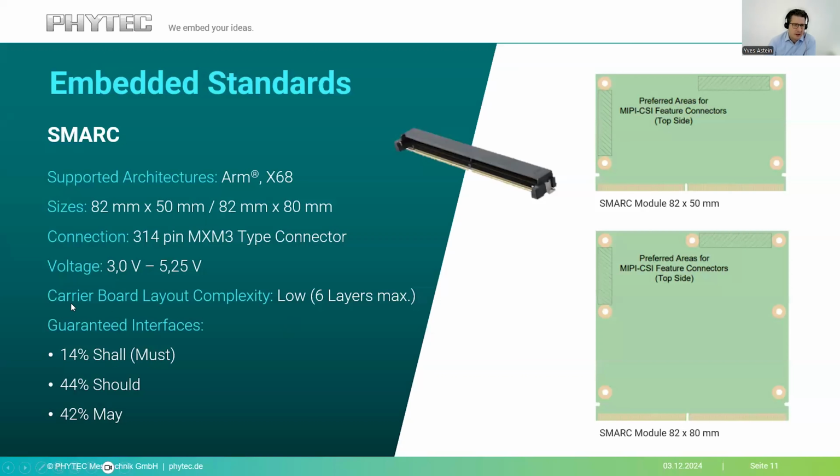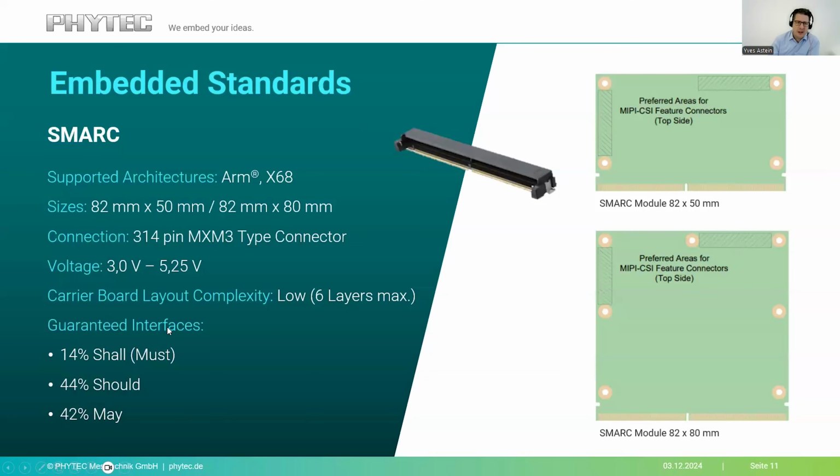Voltage, yeah. And then you have the carrier board layout complexity, which is quite low. When I say layout board complexity, it means how complex it is to create a carrier board for this standard, for this footprint.